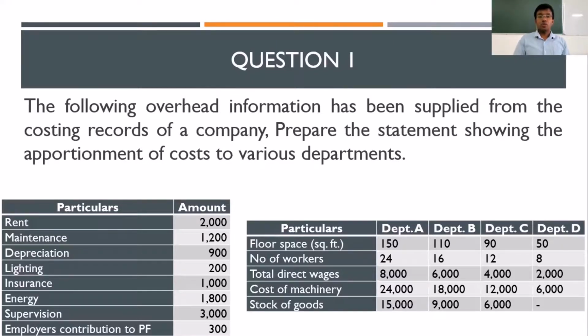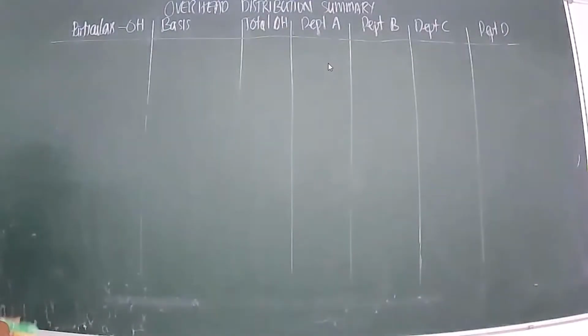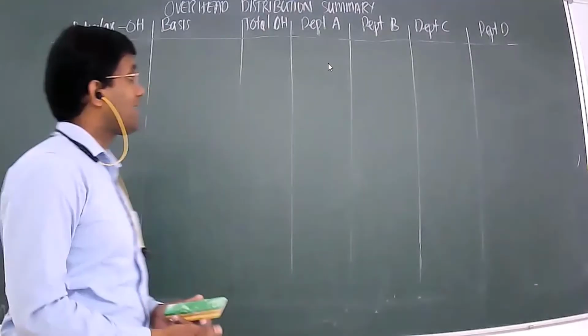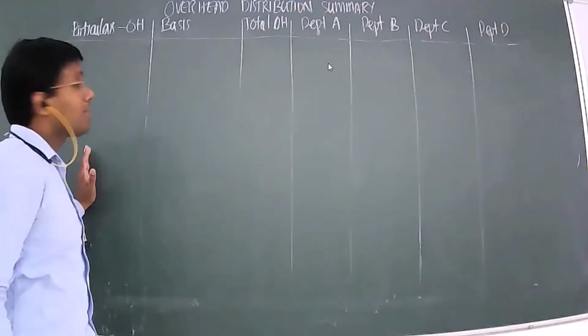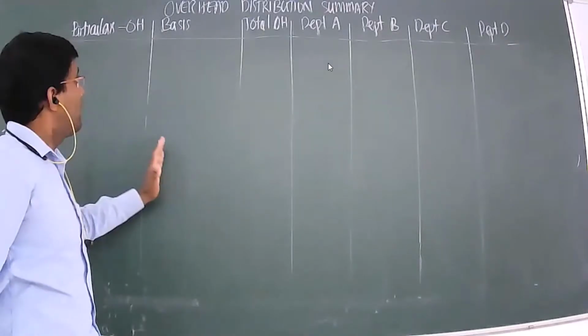I'm just going to quickly switch over the camera to the board, and then we will continue to solve this question. We've got the overhead distribution summary statement prepared, and I'll quickly explain the format to you. The first column is for particulars. Here you would write down the name of the overhead.